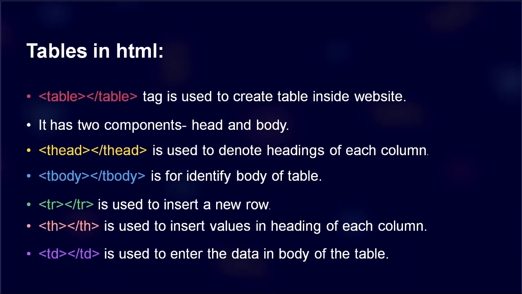Next thing that we saw was the tables. So the table tag is used to begin the table, and it has 2 components, the head and the body. The T head for the heading and T body for the body of the table. Then TR tag, every time you create a row, one TR tag is for one row. Then TH is for heading, and TD is for entering the data in the table.